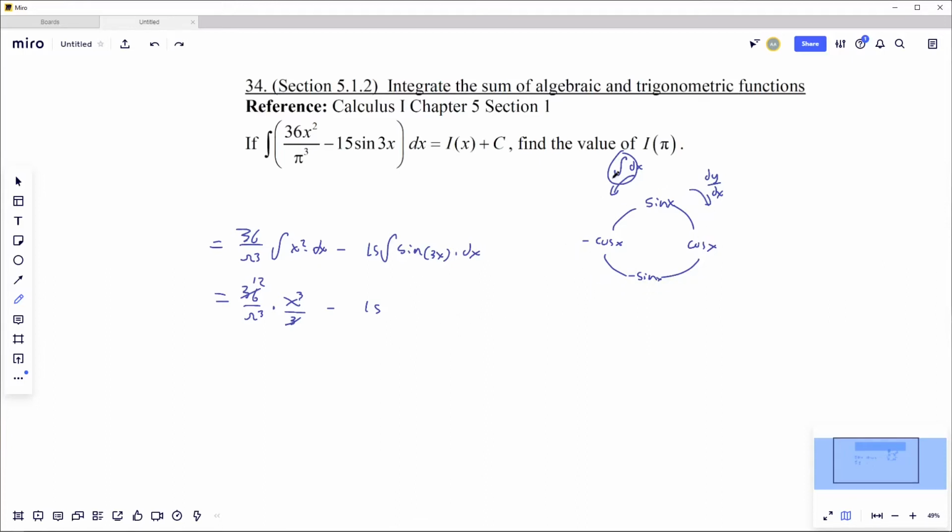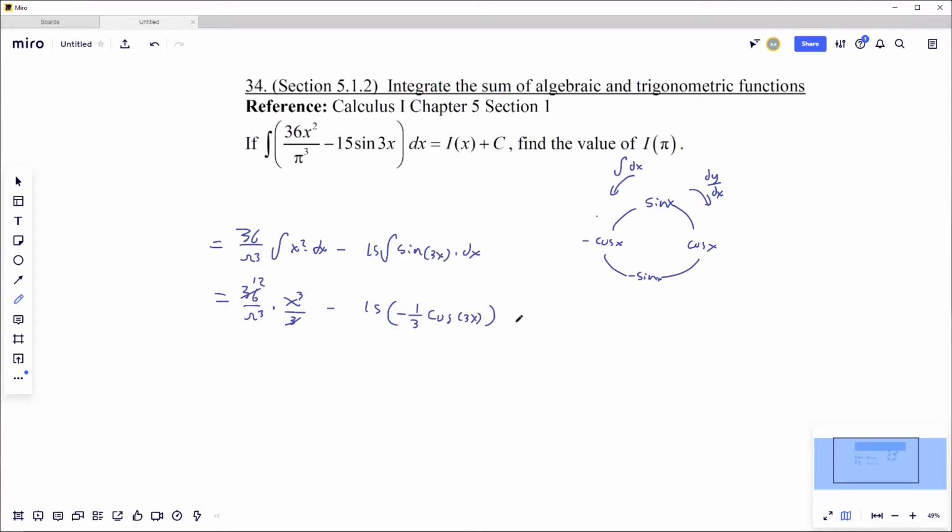Of course, this doesn't account for the fact that when you do integration, you have 1 over k if you have kx over here, for example. So in this case, it will be minus 15 into sine, integral of that will have minus cosine. So minus, and here 1 over k, so 3 cosine 3x.